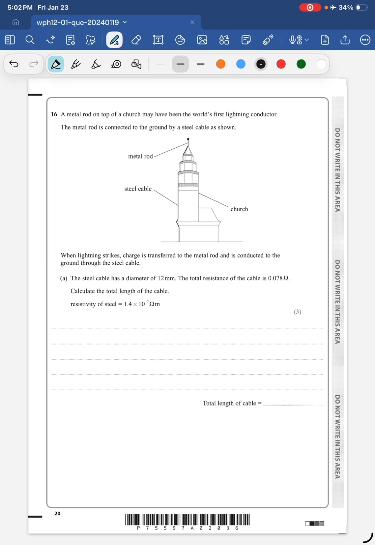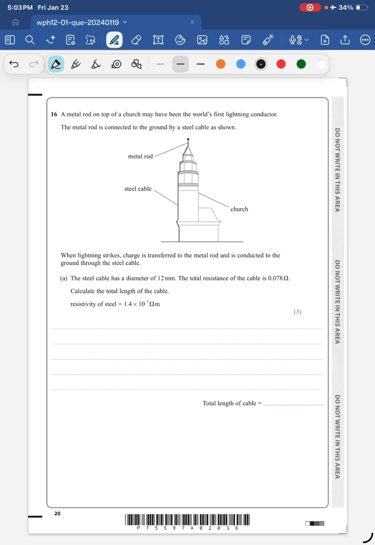Okay, question 16. A metal rod on top of a church may have been the world's first lightning conductor. The metal rod is connected to the ground by a steel cable as shown. When lightning strikes, charge is transferred to the metal rod and is conducted to the ground through the steel cable.